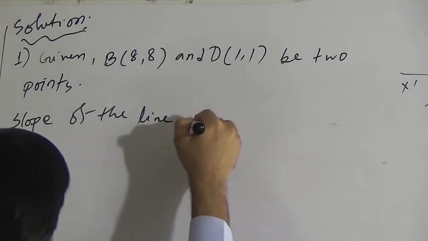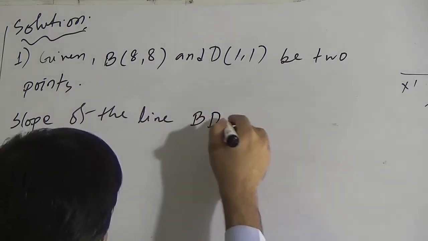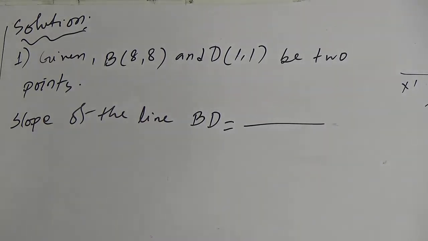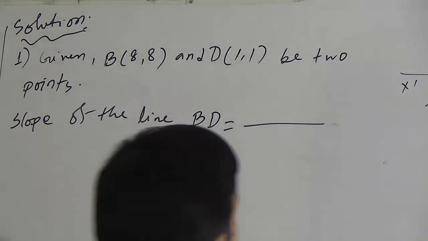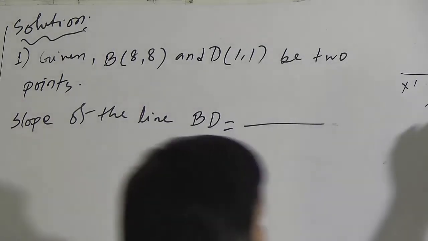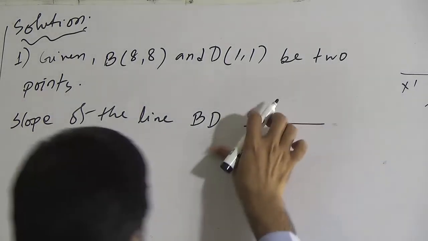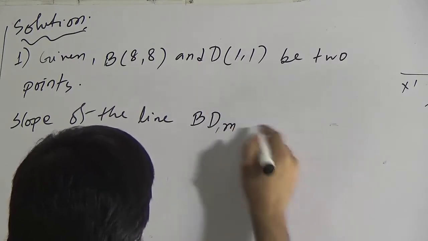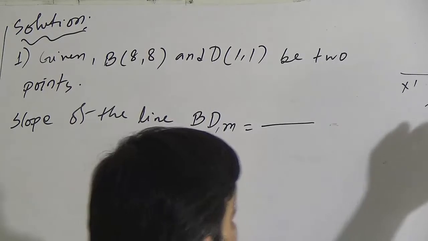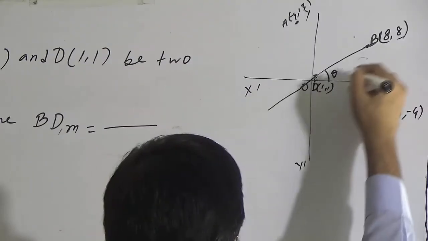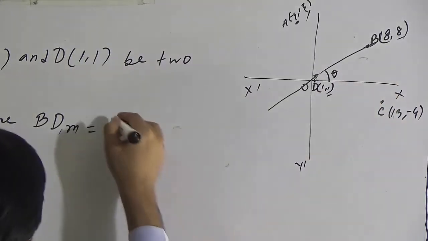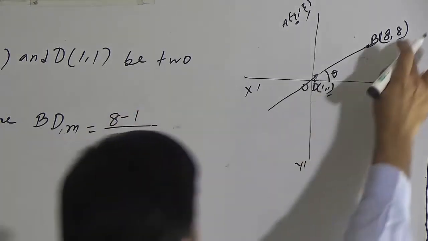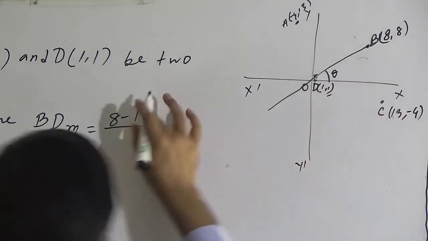The slope of the line BD, you know the formula, that is (y2 minus y1) by (x2 minus x1). We can denote the slope by m. So m equals, here y2 is 8, y1 is 1, sorry, that is 1 minus 8.